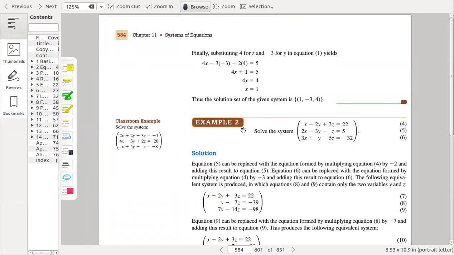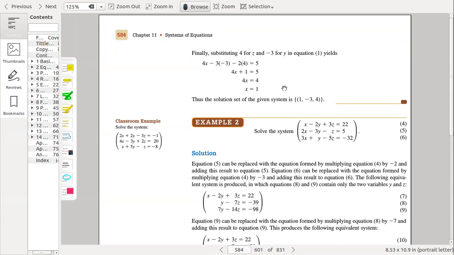And then finally substituting 4 for z and minus 3 for y in equation 1 yields a value of x which is 1. So it means we have a solution set which is (1, minus 3, 4). So this is a single solution, and this solves the system of equations.